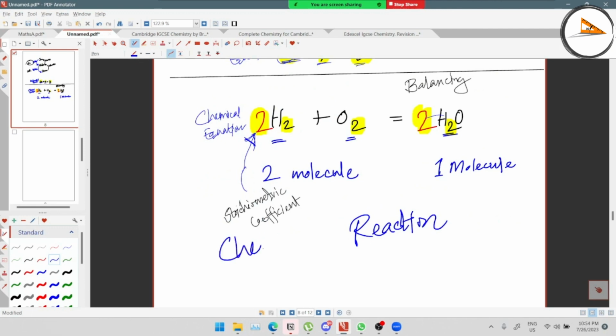Clearly it is a chemical reaction. So explaining what happens in a chemical reaction with an equation is a chemical equation, and equating the number of atoms at left and right side of any chemical equation is called balancing of the equation.